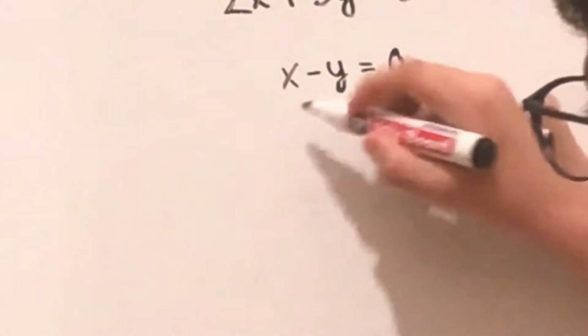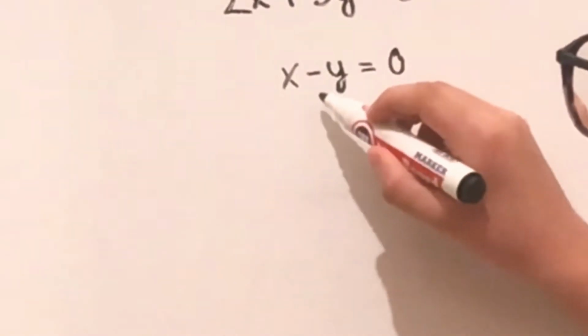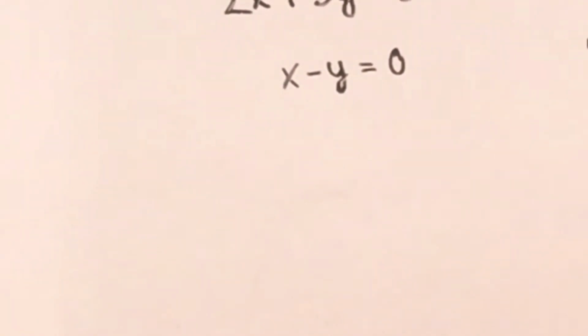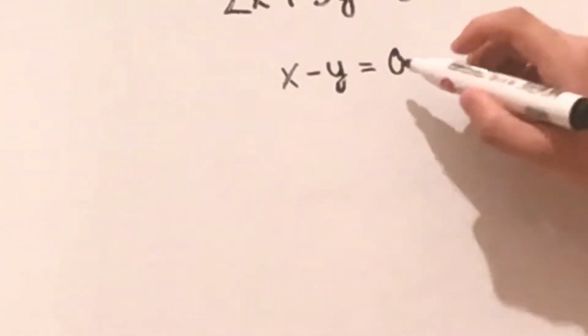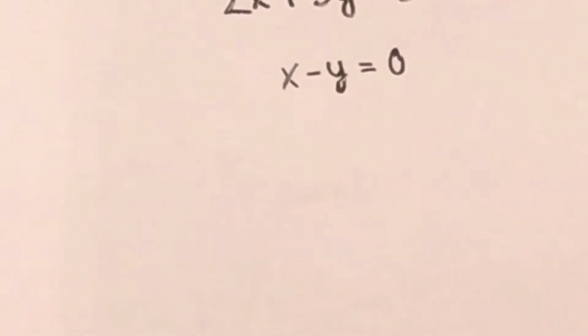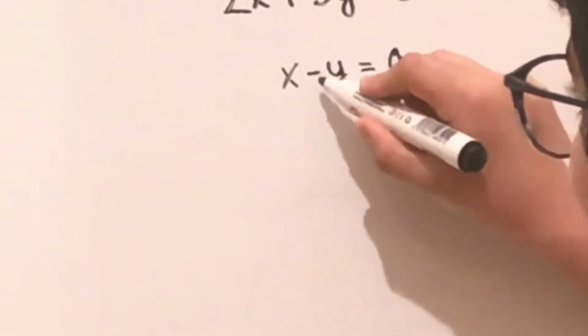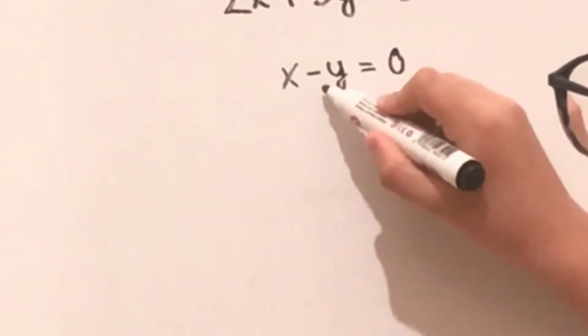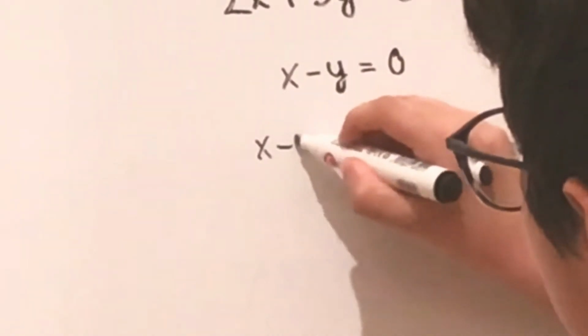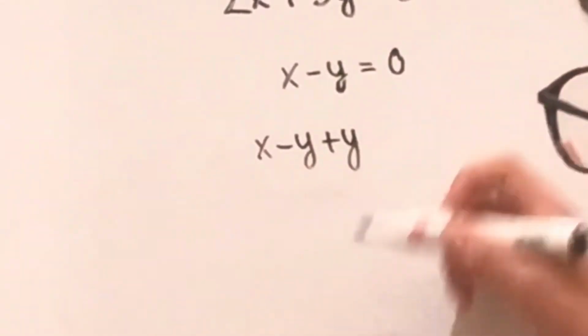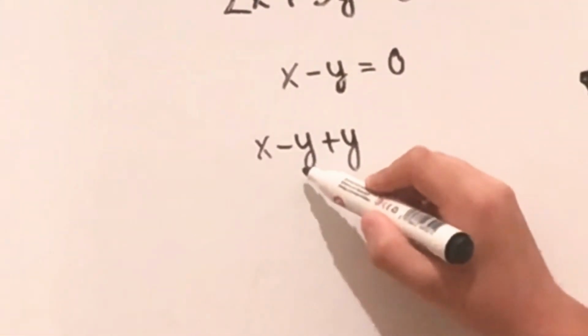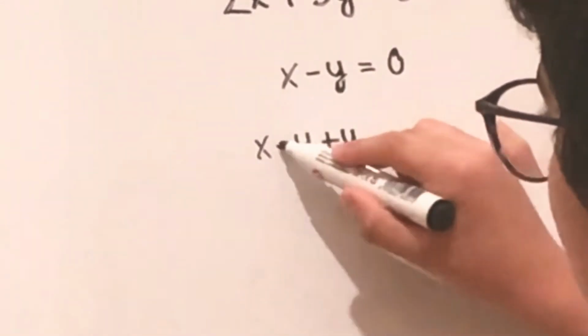So with x minus y, if we add y to each side, the equation won't change, because these are equal. So we'll add y to each side, and that will be x minus y plus y, and the negative y and the positive y cancel out.